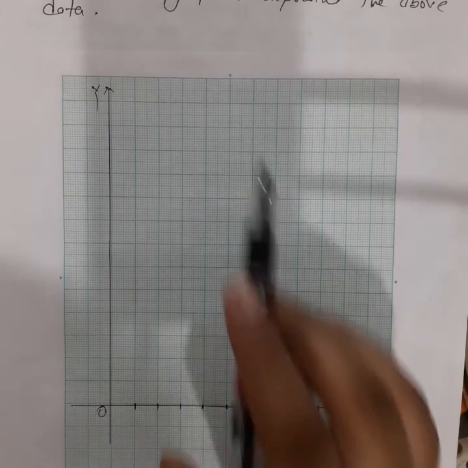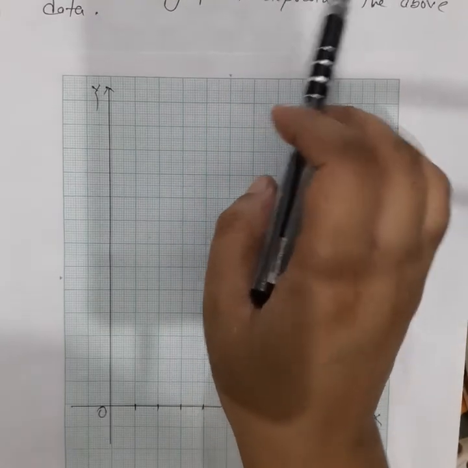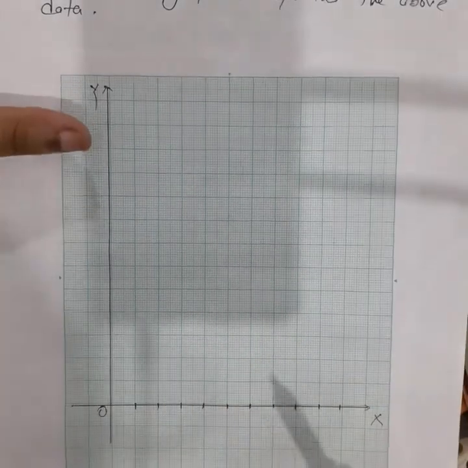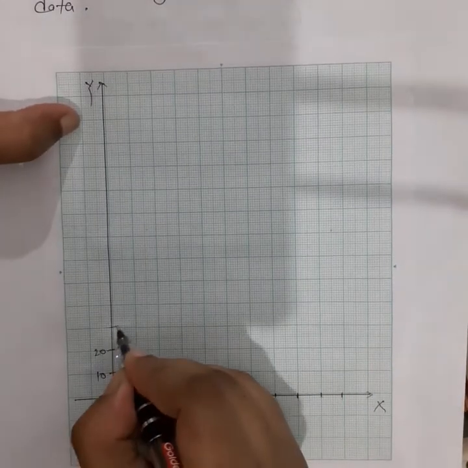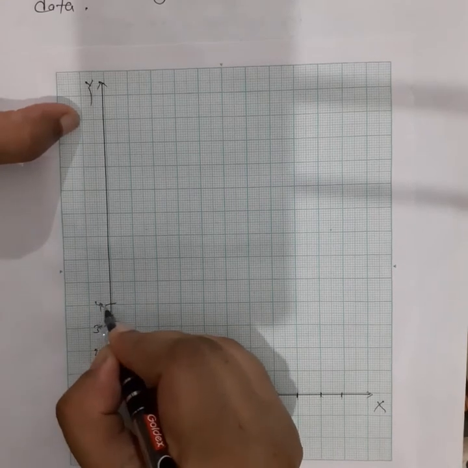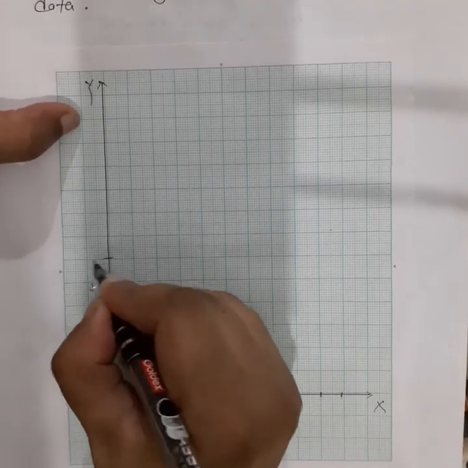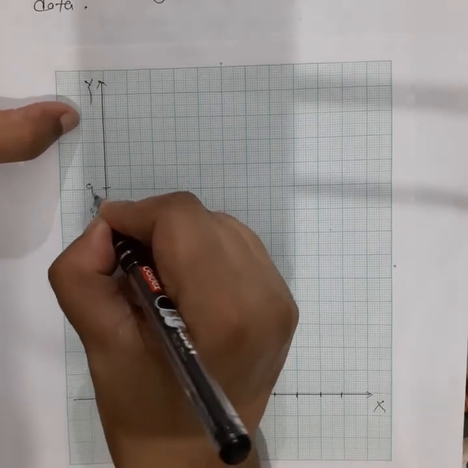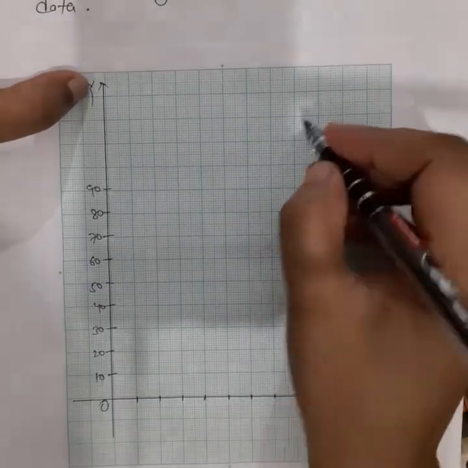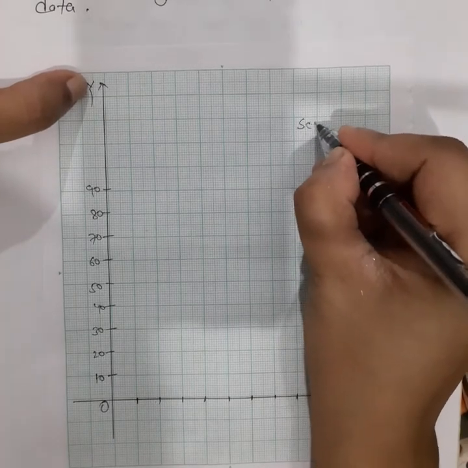So here the marks are 63, 75, 90, 72 and 58. So we choose the scale as 10, 20, 30, 40, 50, 60, 70, 80, 90. Now what we have to do? First we have to write the scale.